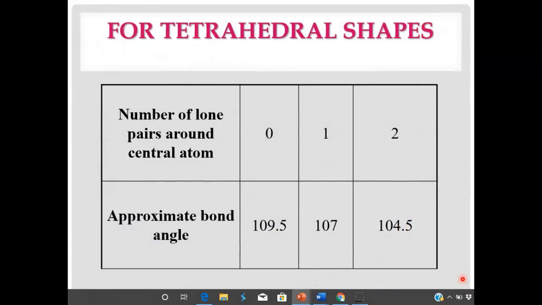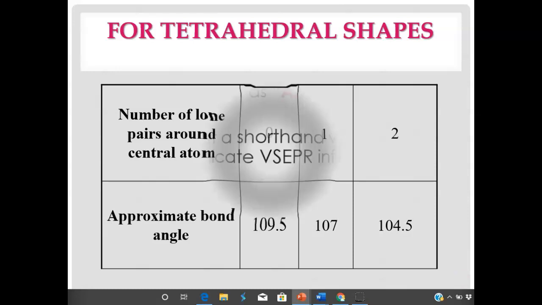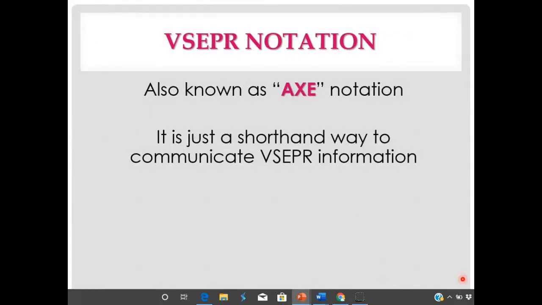So the number of lone pairs around the atom, if it's 0, 1 or 2, and there's your approximate bond angles. So this AXE, the A stands for, and write this down, I don't know why my pen is not working on this one, but the A stands for central atom. So make sure you write that down.